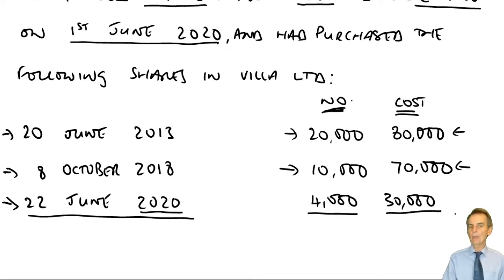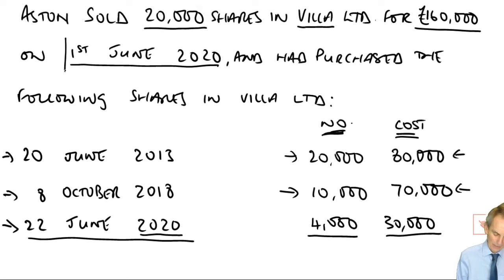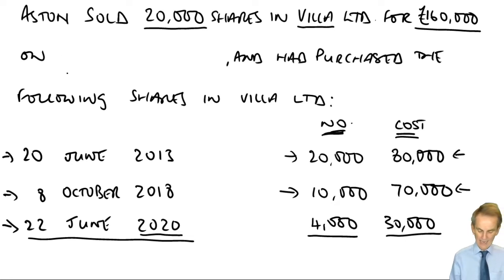Now, I laboured the date on that particular acquisition, the 22nd of June 2020, because it is, of course, following the date of disposal. And that, of course, has now disappeared. Another sad miracle of technology.